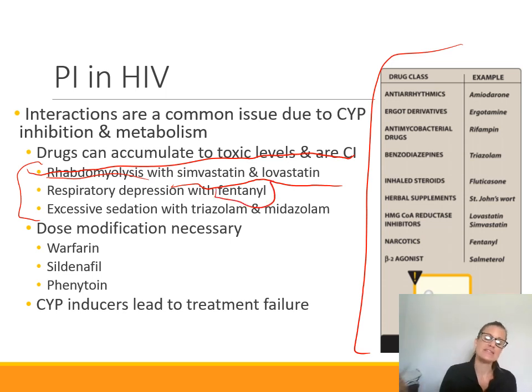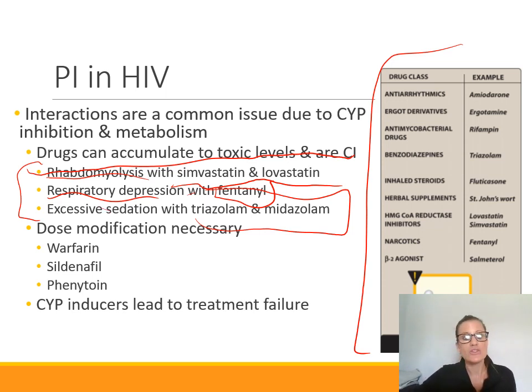Fentanyl. If fentanyl is given with protease inhibitors, the fentanyl builds up. Fentanyl is a very, very potent opioid, and that results in increased respiratory depression. If they're given with triazolam and midazolam, they build up and it results in excessive sedation. Okay, so these are all important things.